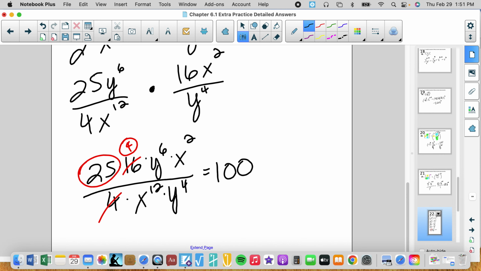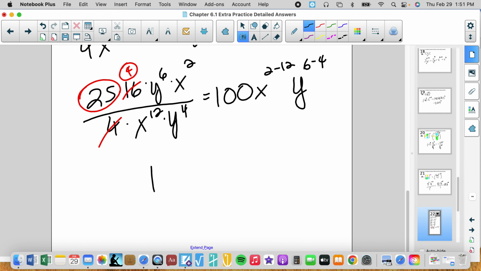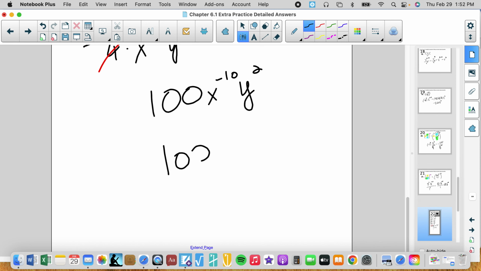And now I have like variables. I have x to the second minus 12 because we're dividing, so we subtract, y to the sixth minus 4. And my final answer is going to be 100 x to the negative 10, not my final answer, y to the second. We need only positive exponents. So that negative 10 is going to go down in the denominator, and that should be my final answer.